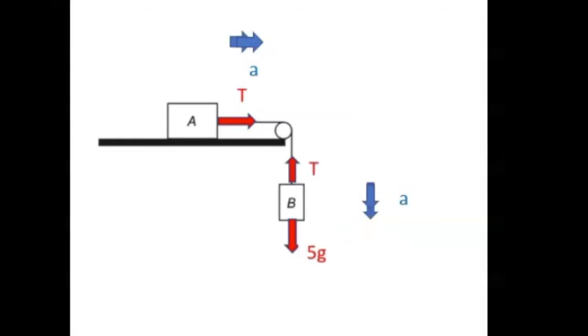As it is a smooth pulley, the tension in A is the same size as the tension in B. Let's now consider the motion of the system. As B is heavier than A, we would expect B to move downwards and A to move to the right. We will consider later what happens if A is heavier than B.